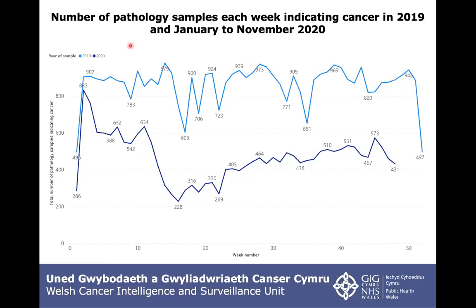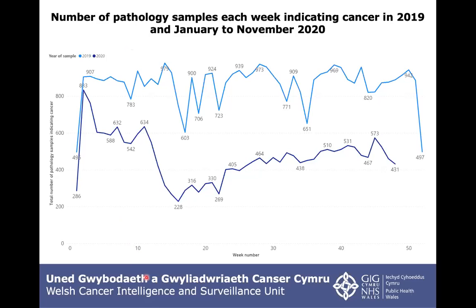Now, this is some of the raw data we get for cancer registration. This isn't incident cases. These are primary tumours, secondary tumours, multiple biopsies from the same tumour. They may be recurrences and metastases and so on. But it does give you an indication of what's going on.